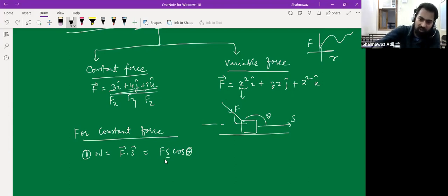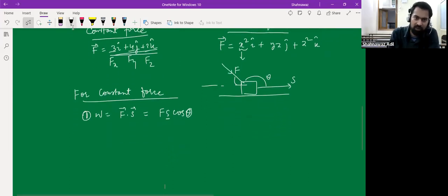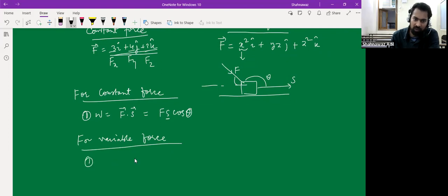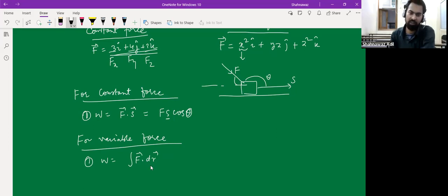But when you have a variable force, what will be the work done? The work done will be the integral of F dot dr, and this goes over whatever the dimension is. Let's say this is the position vector.